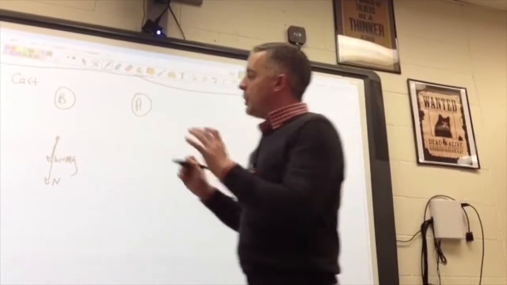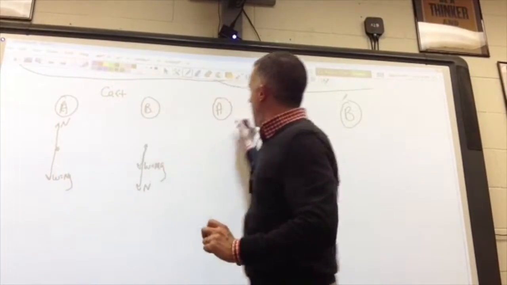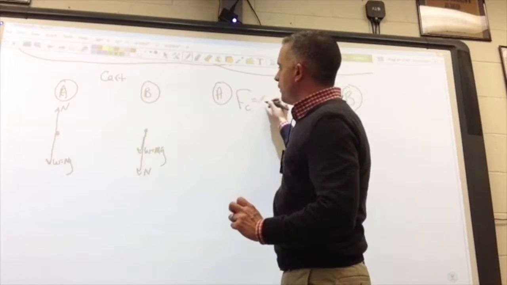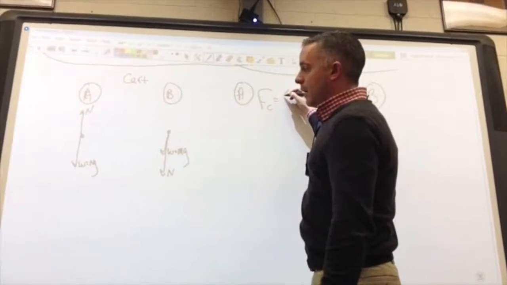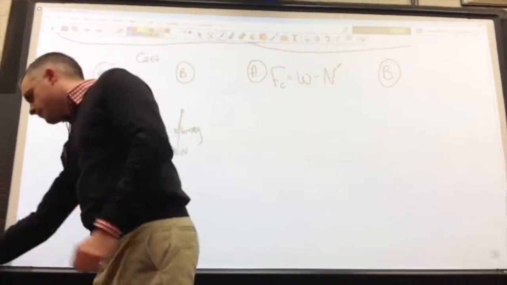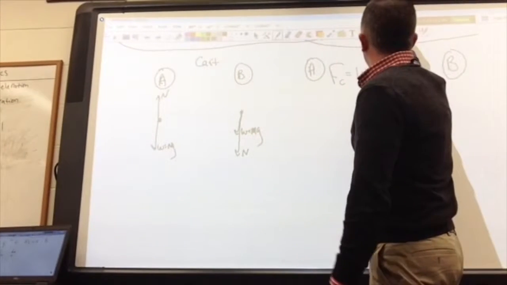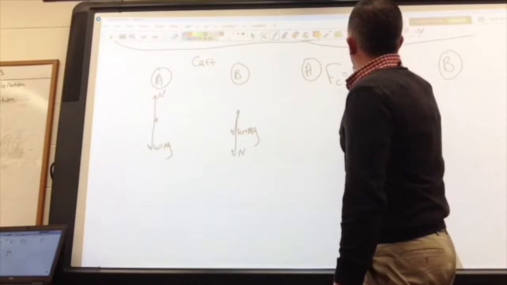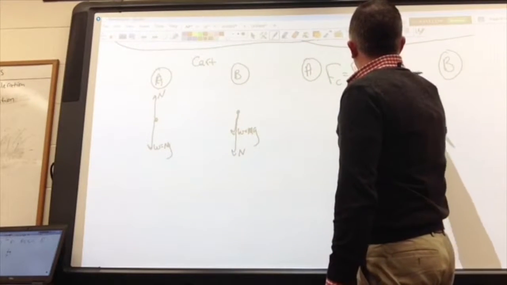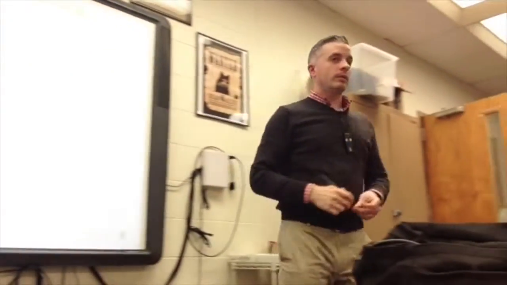Based on our free body diagrams, we see that at point A, the centripetal force is going to be the weight minus the normal force. Actually, let's go the other way. I apologize. I'll keep it the same for you guys for now. Like that, that's got to occur.